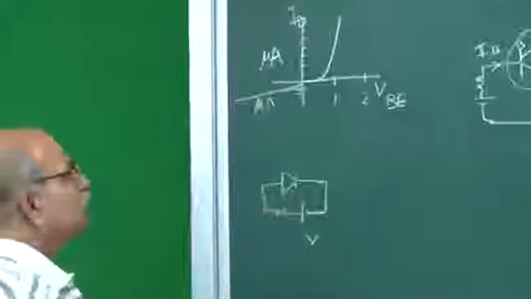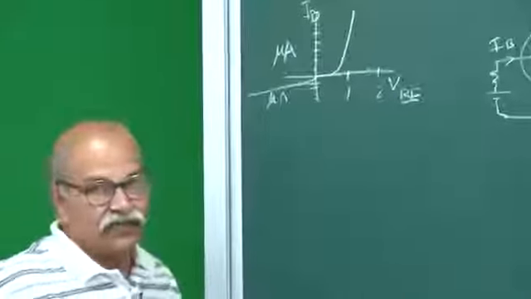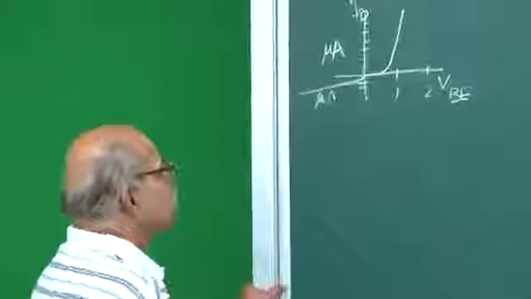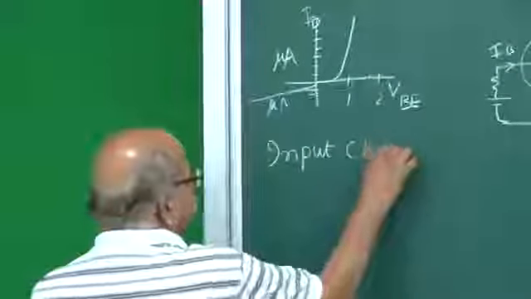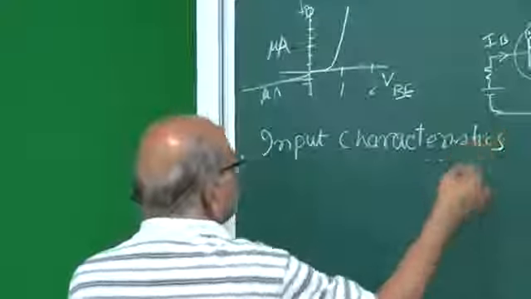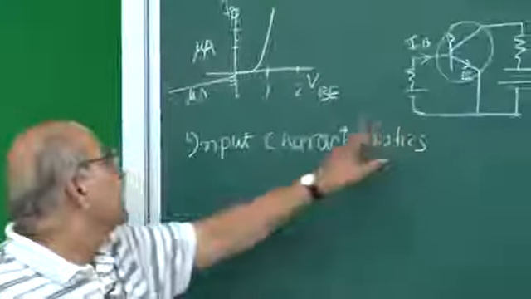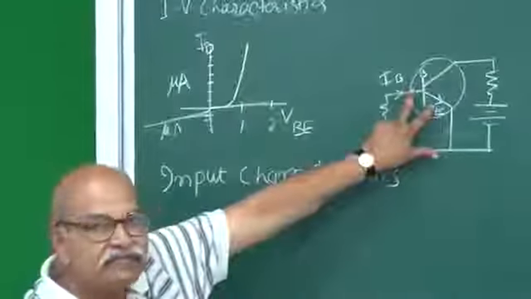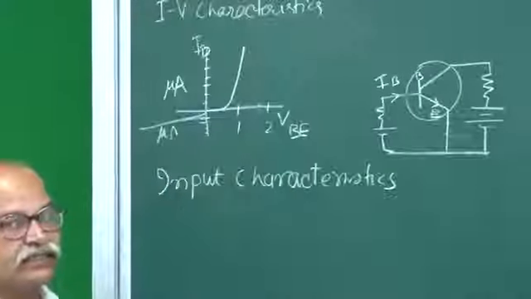If it is silicon, 0.6 or 0.7 volt is that barrier, and so it cannot exceed that. So this is the kind of characteristic. This is known as the input characteristic, because this whole side is called the input side, and IB is the current on the input side, VBE is the potential difference on this input side.